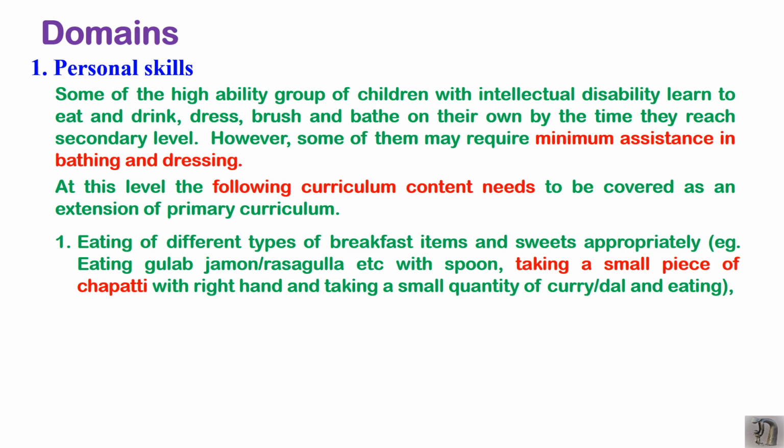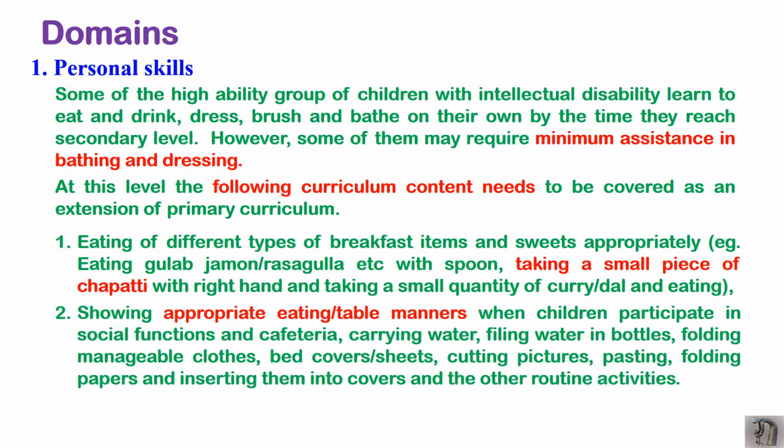Okay, now eating different types of breakfast items and sweets appropriately, for example eating a gulab jamun, rasgulla, etc. with a spoon. Taking a small piece of chapati with the right hand and taking a small quantity of curry, dal, eating. So this kind of thing he has to do in personal skills at the secondary level.